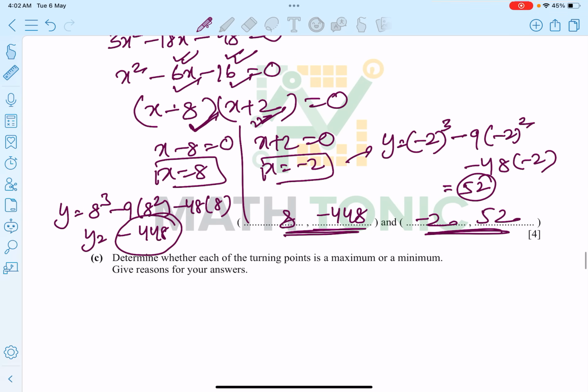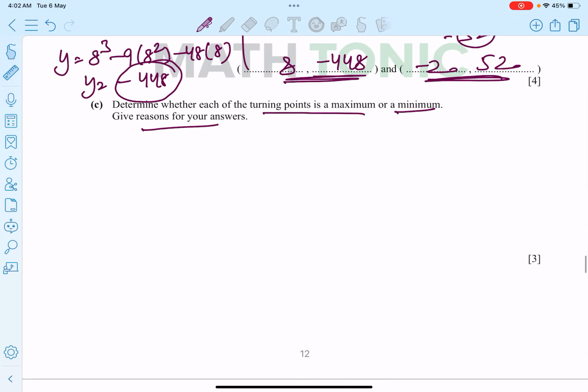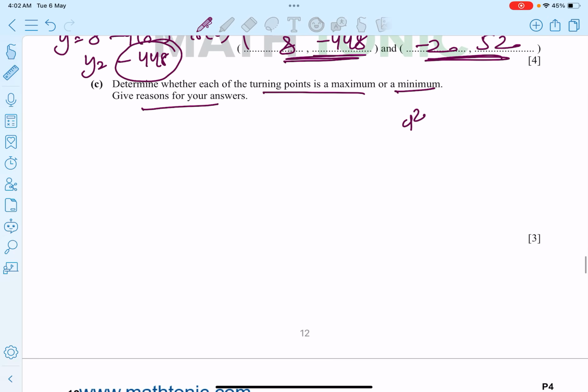The question is given: determine whether each of the turning points is a maximum or minimum. I hope you remember that whenever d squared y over dx squared is greater than 0, that point should be a minimum point. If d squared y over dx squared is less than 0, this point will be a maximum point.